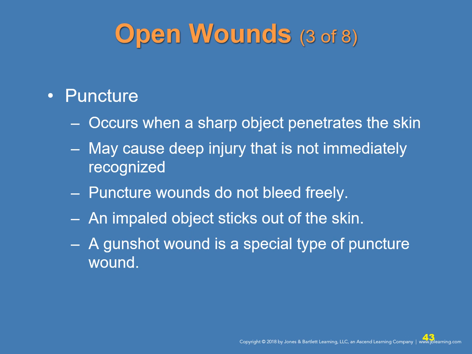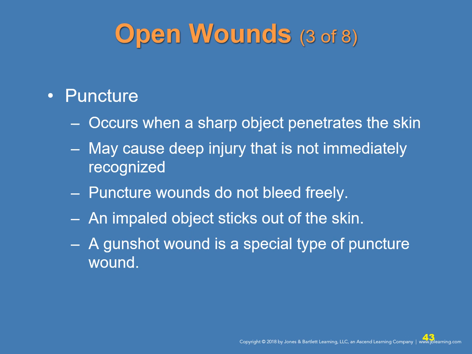Puncture occurs when a sharp object punctures the skin, and may cause significant deep injury that is not immediately recognized. Puncture wounds do not bleed freely. If the object that caused the puncture wound remains sticking out of the skin, it is called an impaled object. A gunshot wound is a special type of puncture wound.